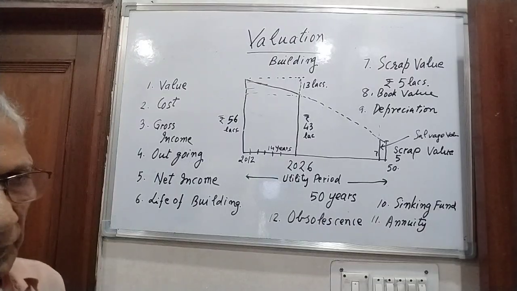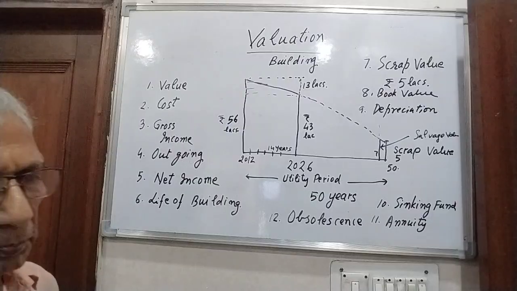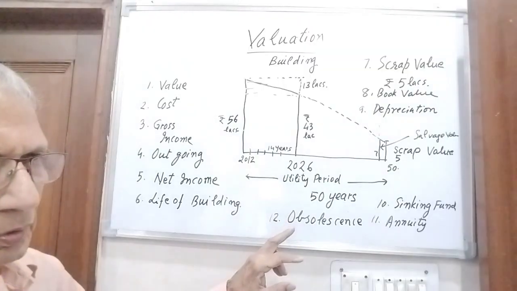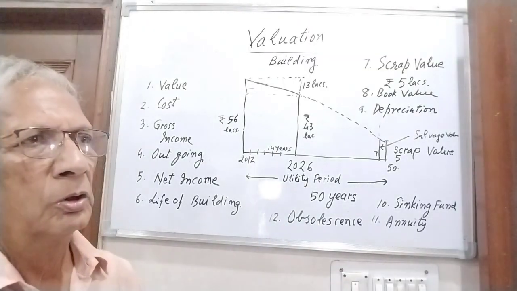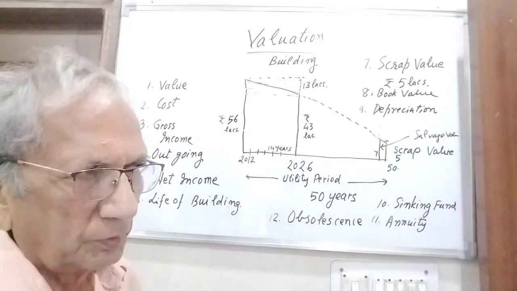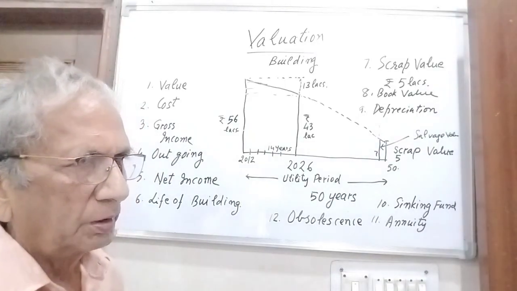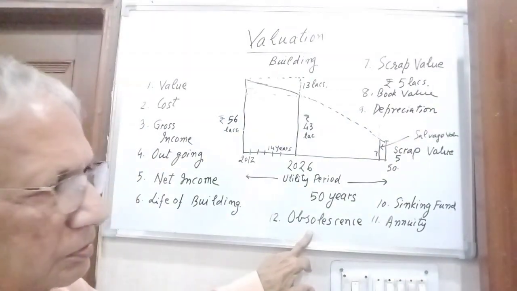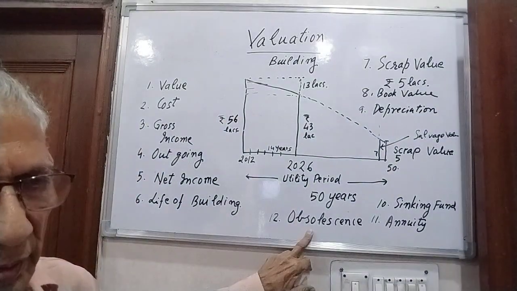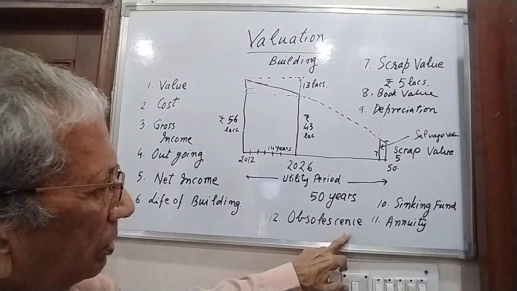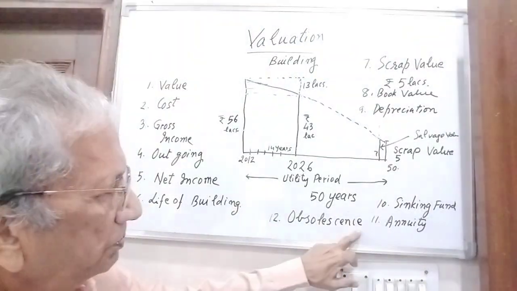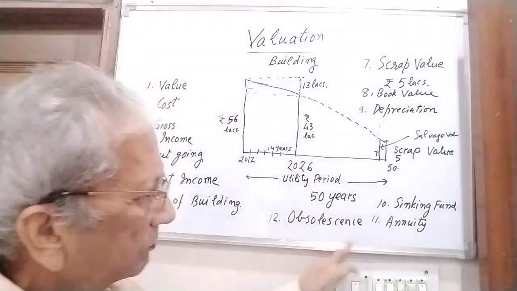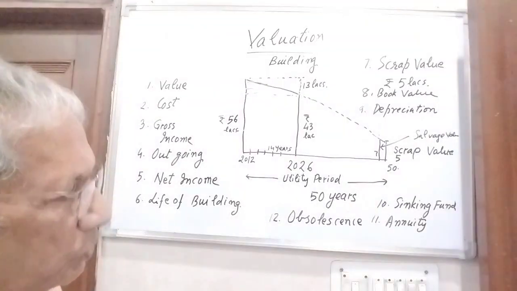If there is no provision of the lift, if there is no provision of the AC, then the people will not like this building. The people will like to reside in the new building which have new facilities. Then we will say the obsolescence of the building is there. Therefore, because it is old-fashioned building now, today, that is called obsolescence, and we will go for the new building.